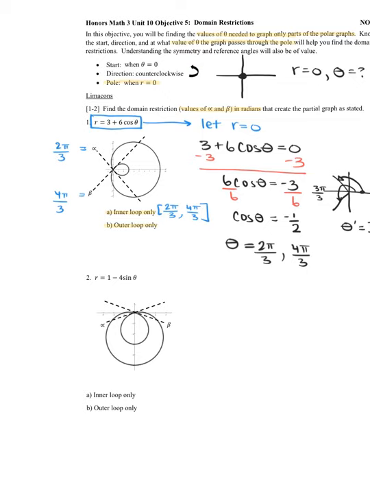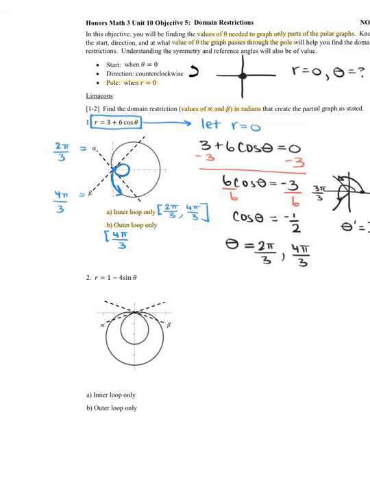How am I going to figure out that outer loop? So what we're going to be keeping track of is I know that I start at 2 pi over 3, and then that's going to create that inner loop here. And then I stop at 4 pi over 3. So then what happens after 4 pi over 3? After 4 pi over 3, I start to enter into the outer loop. So the outer loop is going to start where I left off.